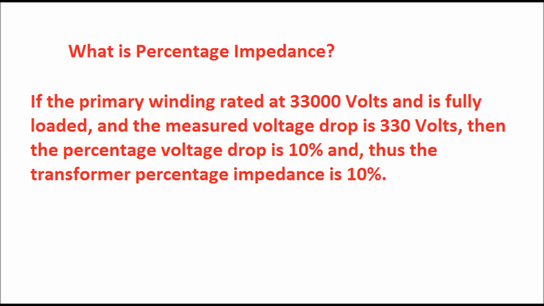That is, a 10% voltage drop will occur if the transformer is running under full load conditions. So the percentage impedance of the transformer is 10%.